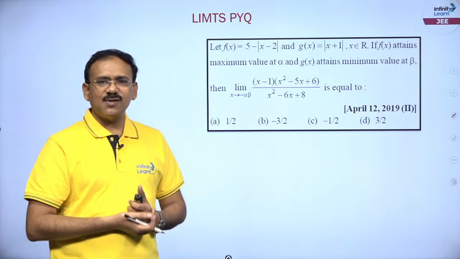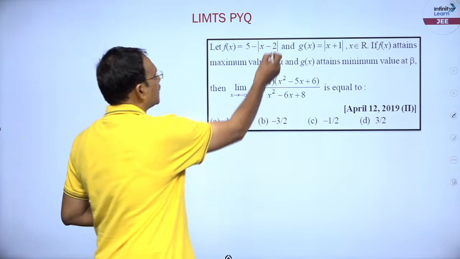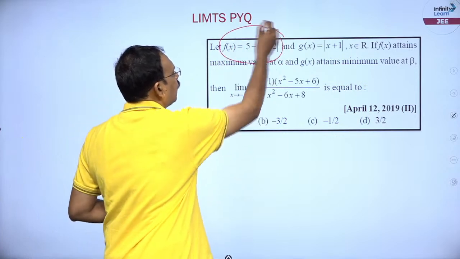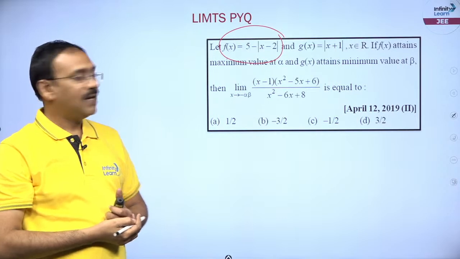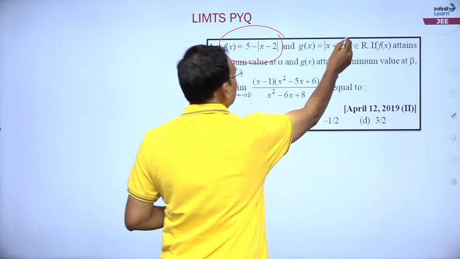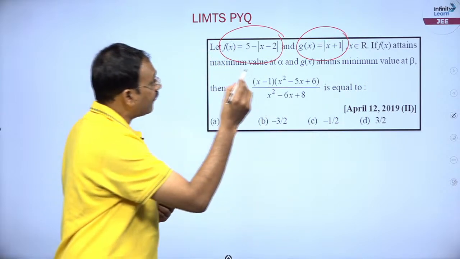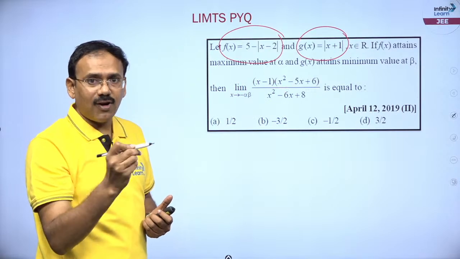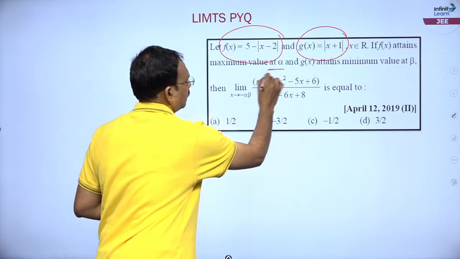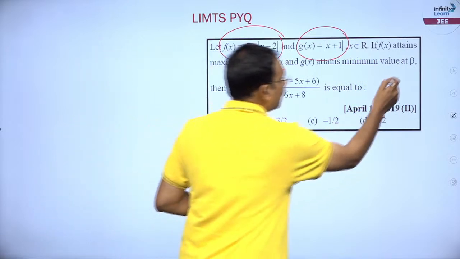Yeah, you see this question, dear students, any idea? f of x is given as 5 minus mod x minus 2, and g of x is given as mod x plus 1, and f of x attains maximum value at alpha, g of x attains minimum value at beta.